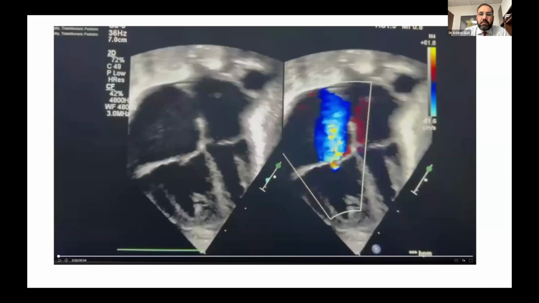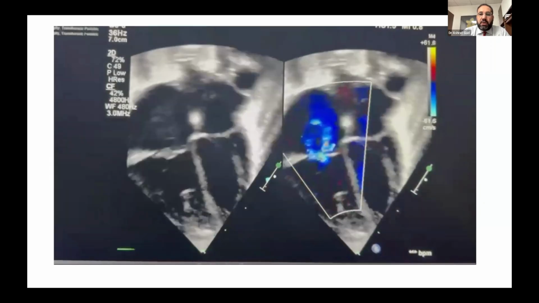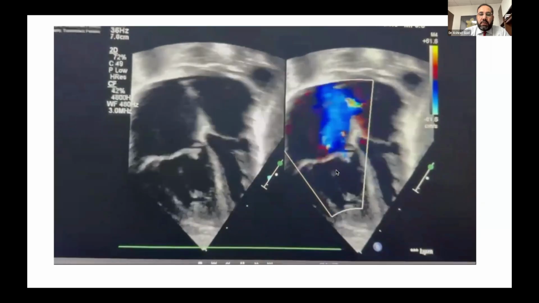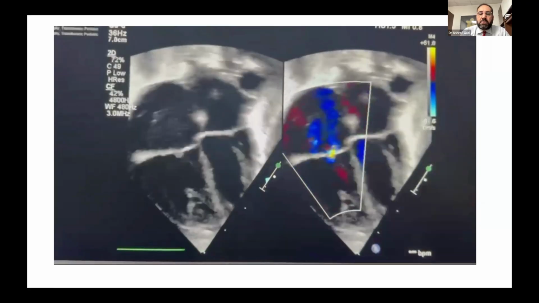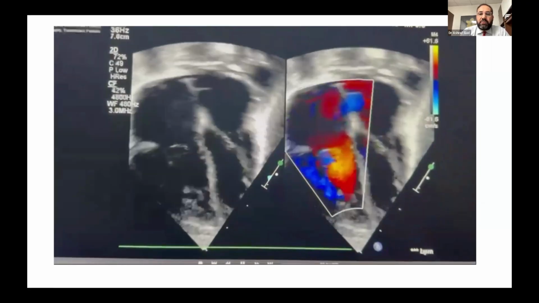This baby, one of our babies in the NICU, had a significant tricuspid regurgitation on the echo with a right ventricular systolic pressure of 65 to 70.